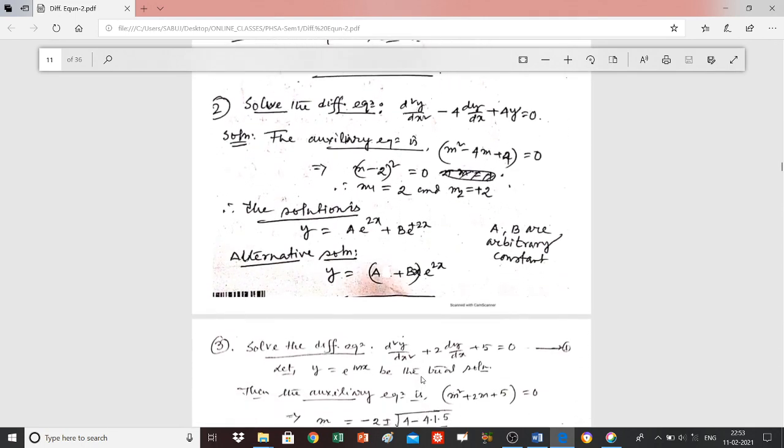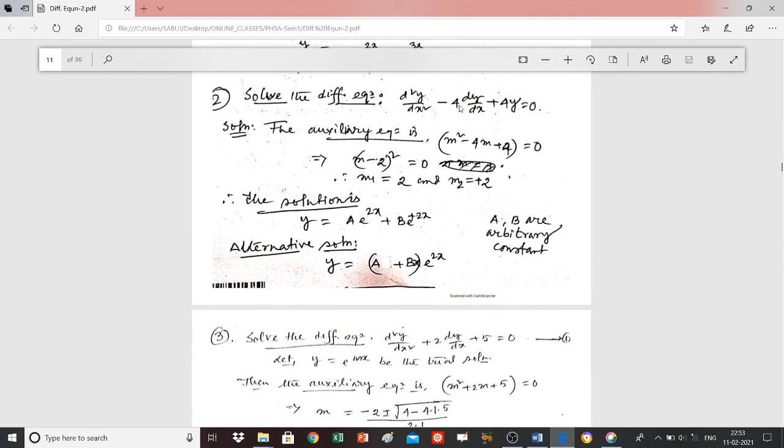Now solve another problem: d2y by dx square minus 4 dy by dx plus 4y is equal to 0. Similarly, you have to use the method of trial solution, that is y is equal to e to the power mx. I am not writing those parts here. You can directly understand that the auxiliary equation should be m square minus 4m plus 4 equal to 0, and this can be written as m minus 2 whole square is equal to 0.